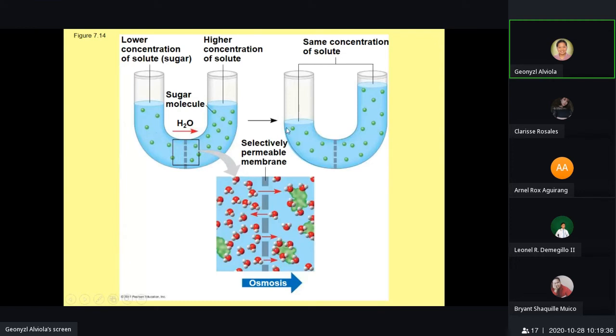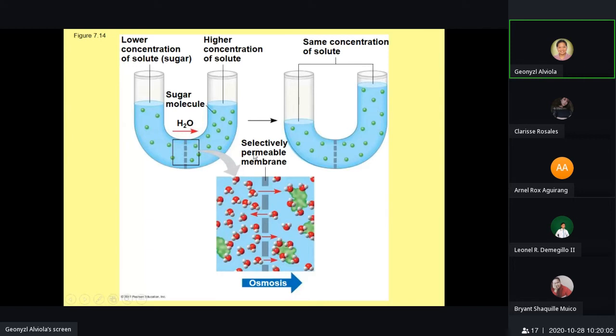So, mangyari nito, water will go to the side in which maraming concentration ng solvent, pero lower ang amount of solute. Water pupunta doon sa area na higher concentration of solute.